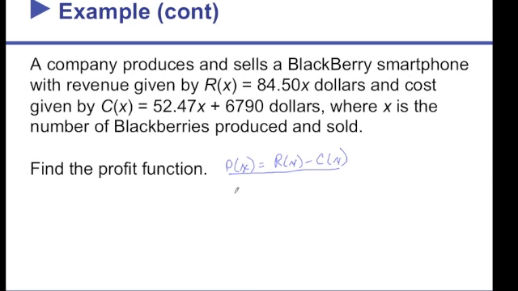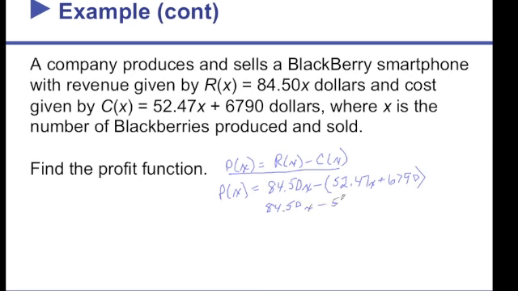So the profit function, P of x equals the revenue, 84.50x, minus the cost. Make sure you put this in parentheses, 52.47x plus the 6790.